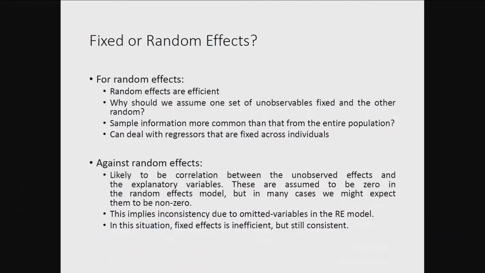Okay. So fixed or random effects, as I said, random effects in general are efficient, because we're using GLS. But why should we assume one set of unobservable fixed and the other random?